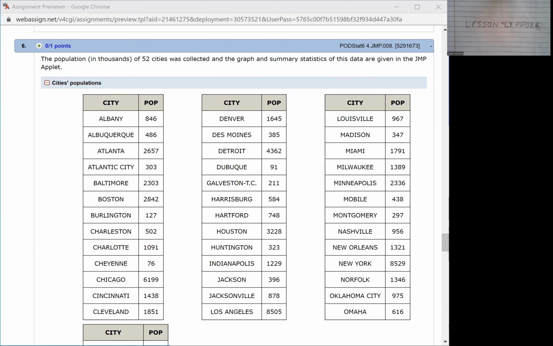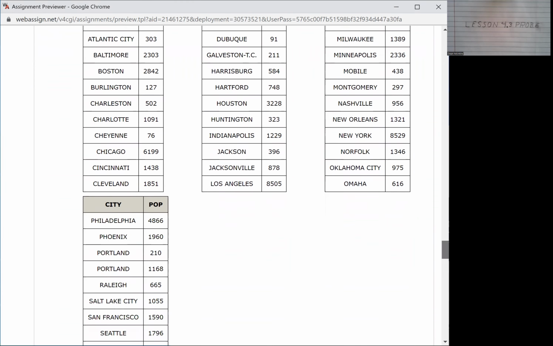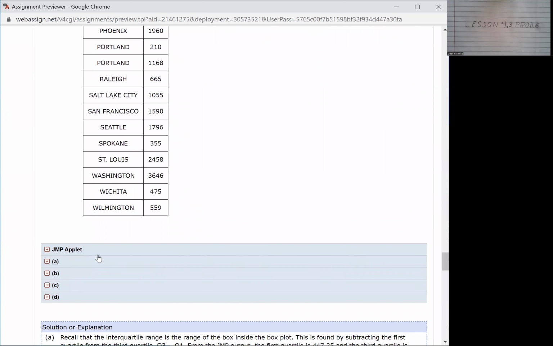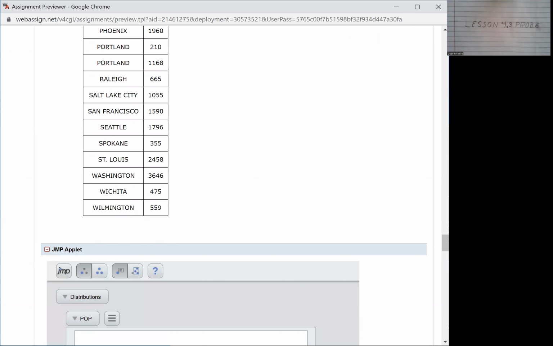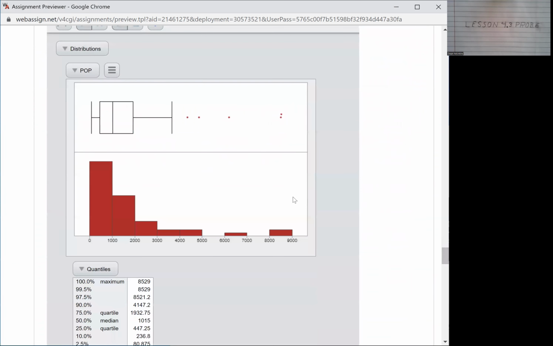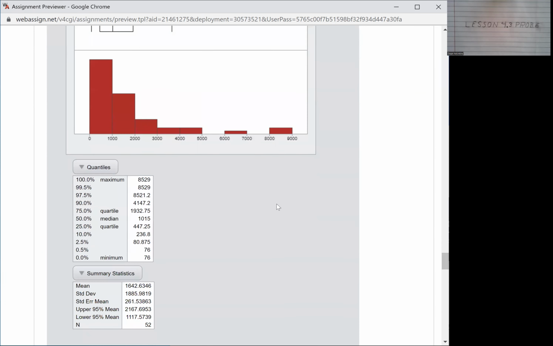But the first thing we need to realize is, here's the applet, so we'll click on the applet. And I want you to notice in the applet, we have all the information that's needed. We got a box plot. You can see all the outliers in red here. And then we have a bar graph that's associated with it.